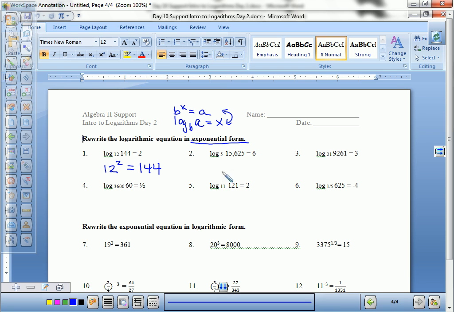Okay, so in number 2, what's my base? 5. Exponent? 6. And answer is 15,625. Okay. Number 3, I want you to try number 3 on your own.